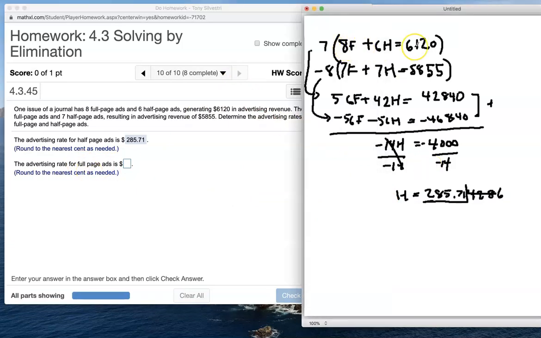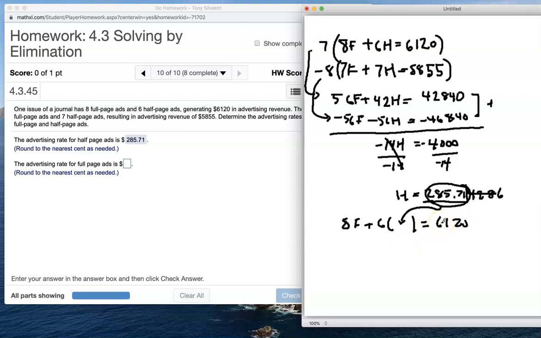Okay, so pick an equation. I'm going to say 8F. We want the full page. 8F plus 6 times this number here is equal to 6120.